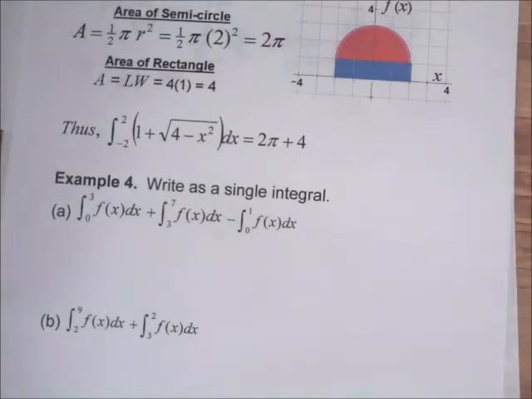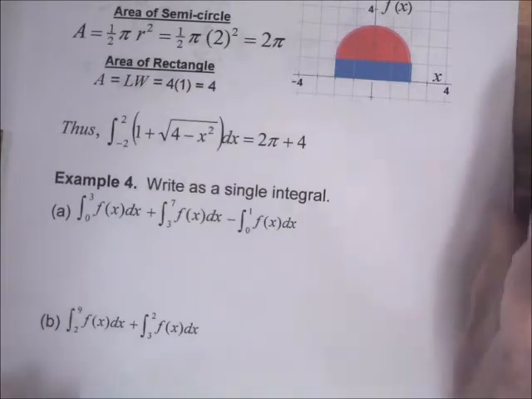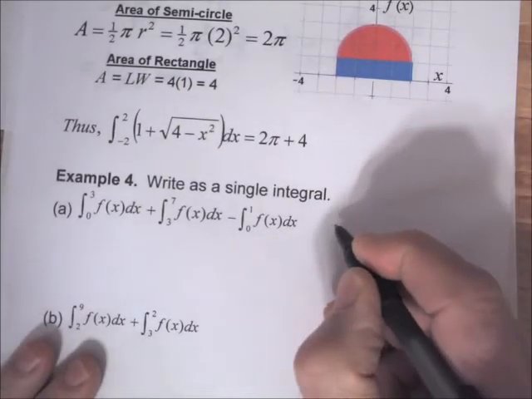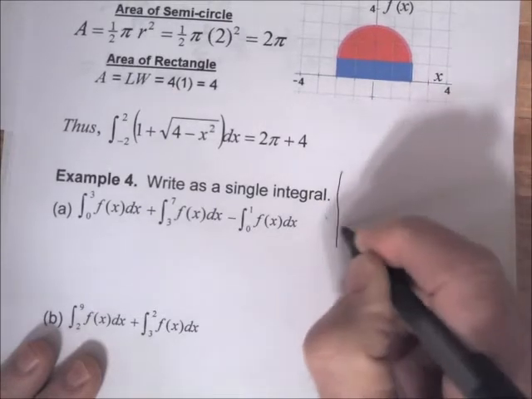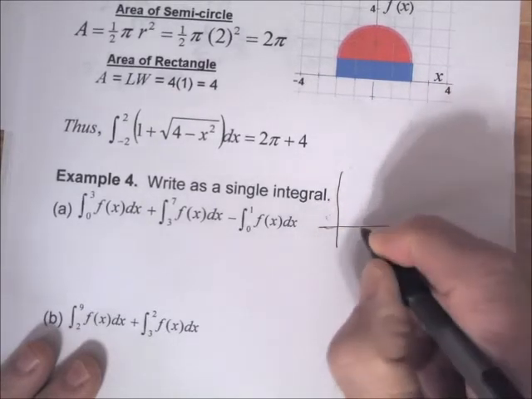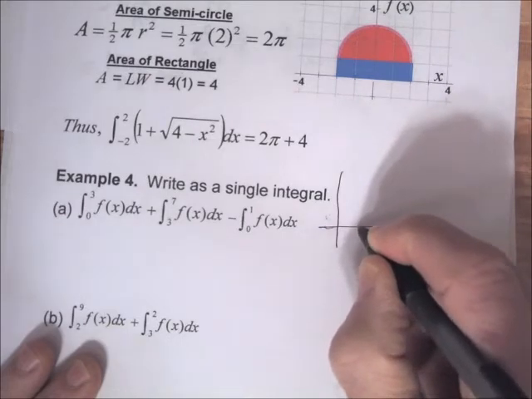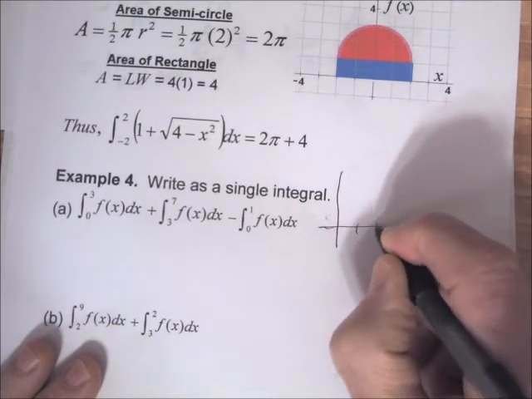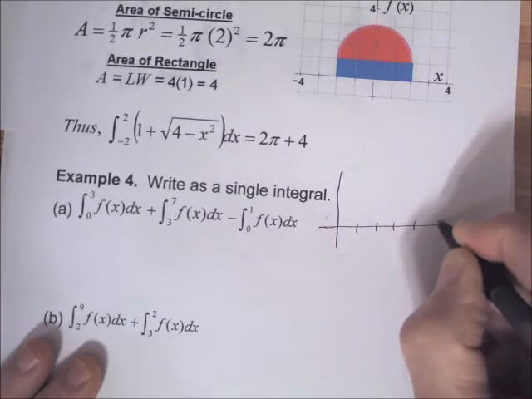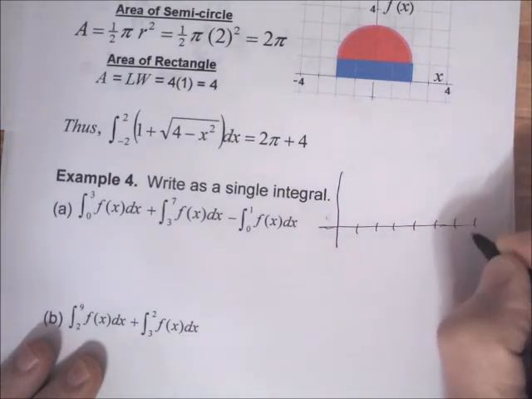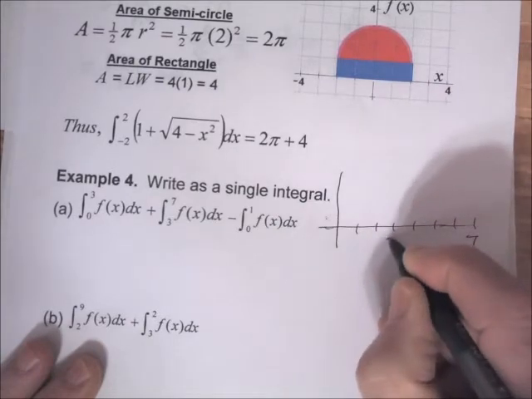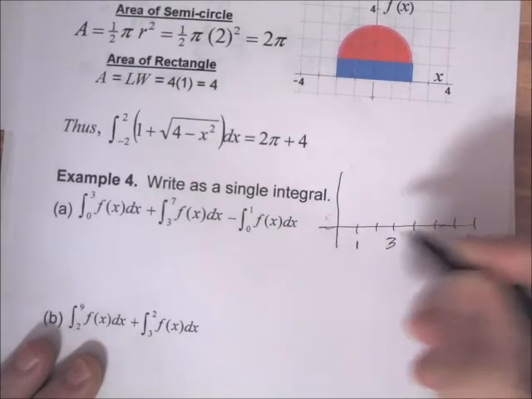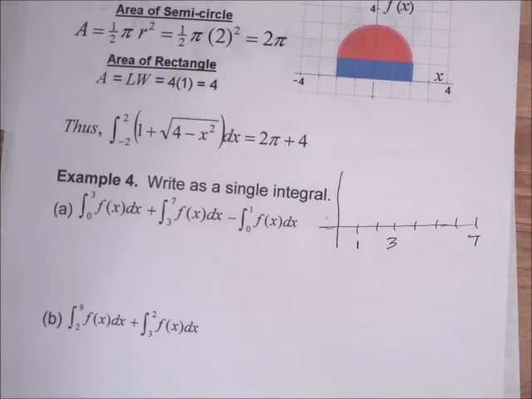Let's say the integral from 0 to 7 here, marking 1, 2, 3, 4, 5, 6, 7.